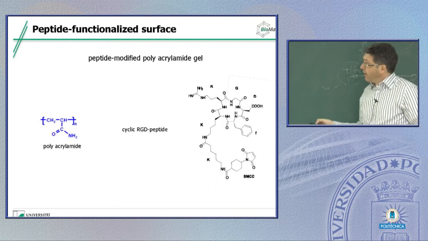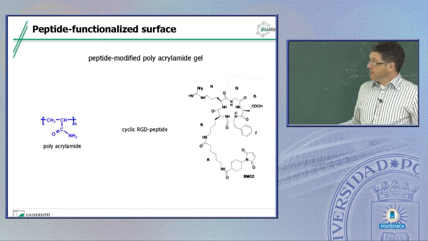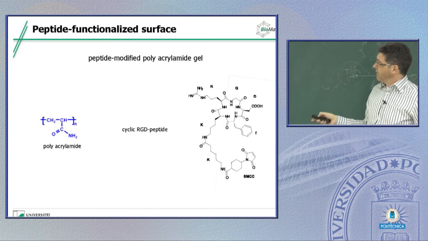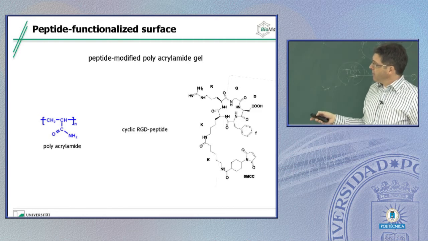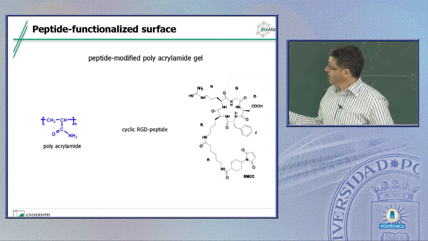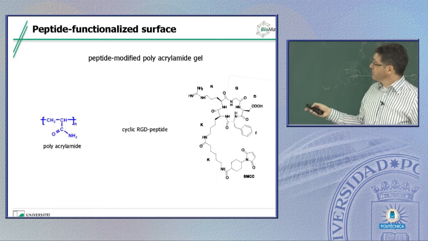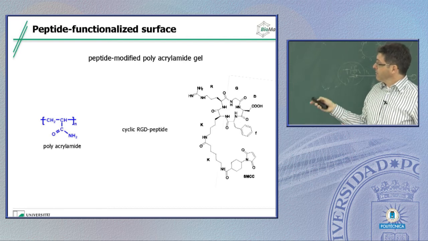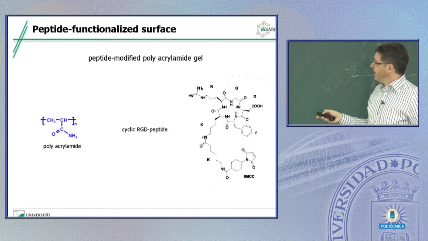Of course, now the cell binding is directly depending on the concentration of the peptide, and here you just see the dependency of the concentration of peptide to the cells we find per area, so cells per square centimeter, and you see there is, at least in a certain regime, a linear dependency of RGD peptide versus cells.